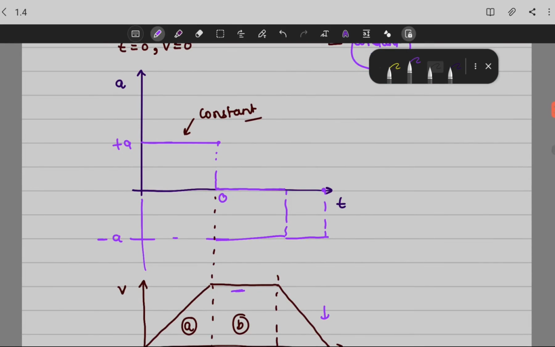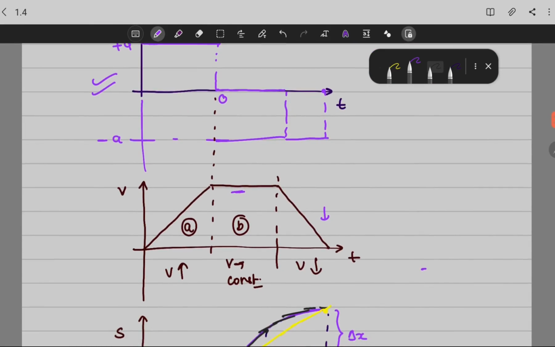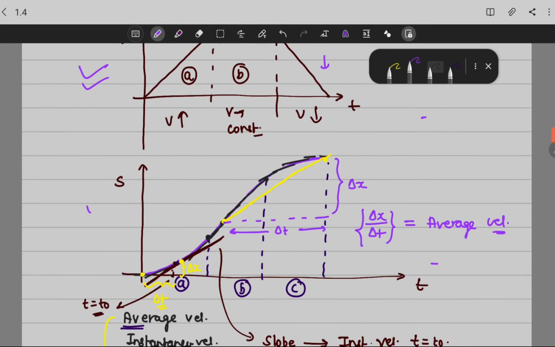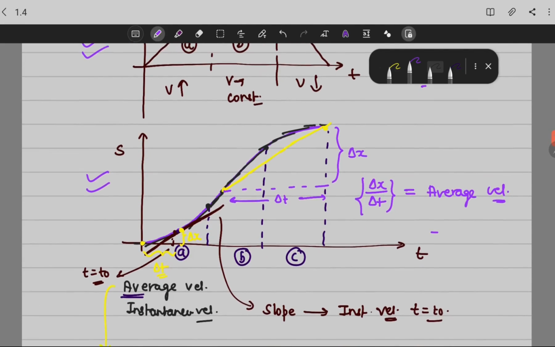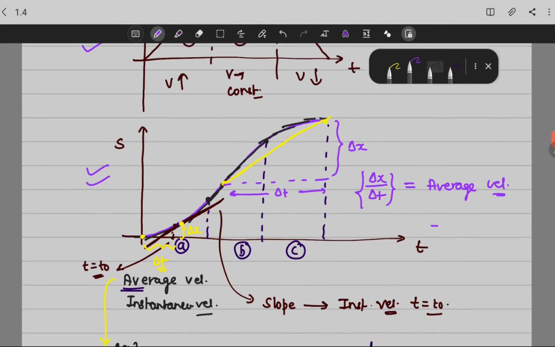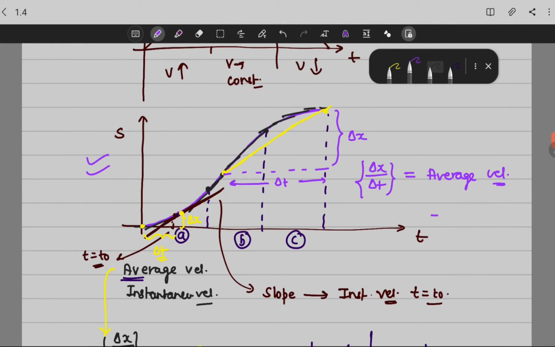So we drew the graph of acceleration versus time, then velocity versus time, and then distance or displacement versus time. And in this graph we saw the concept of visualizing the average velocity and the instantaneous velocity: the slope at that instant for the instantaneous velocity, and for average velocity we take the points between two time instants.